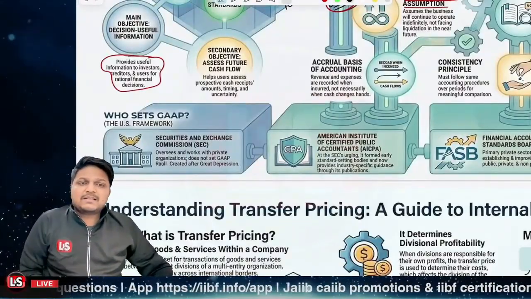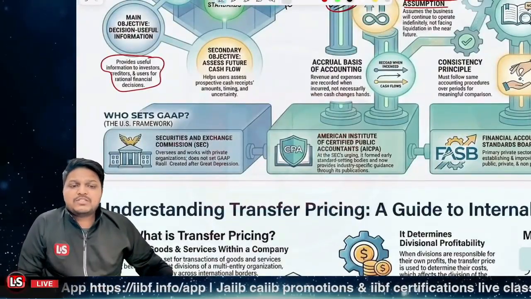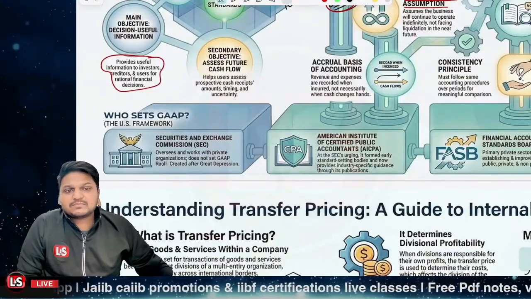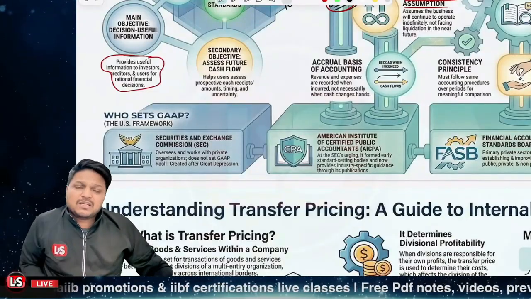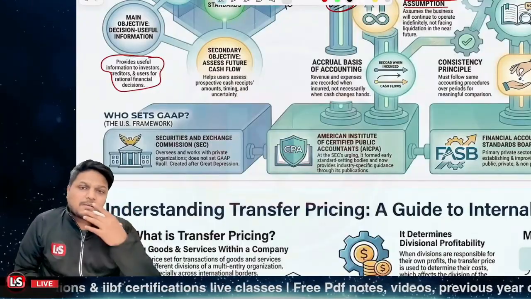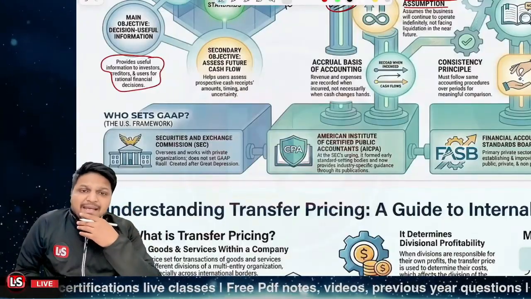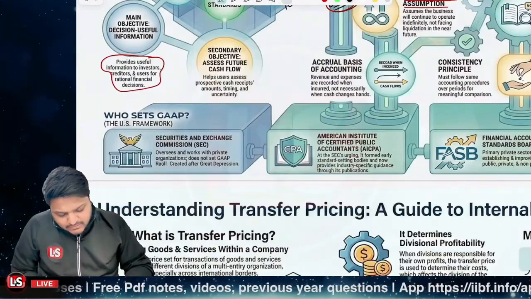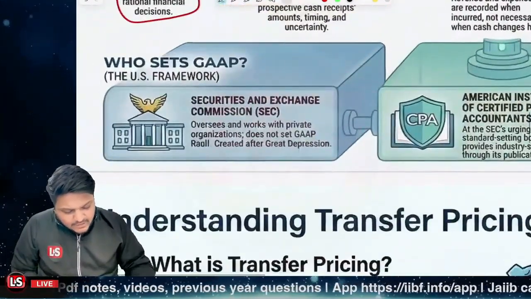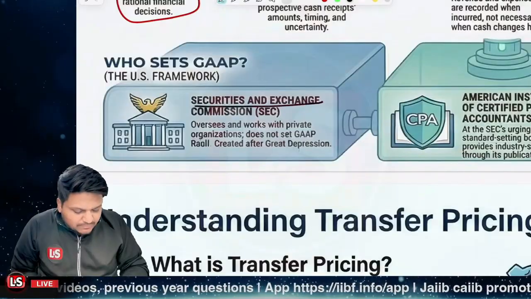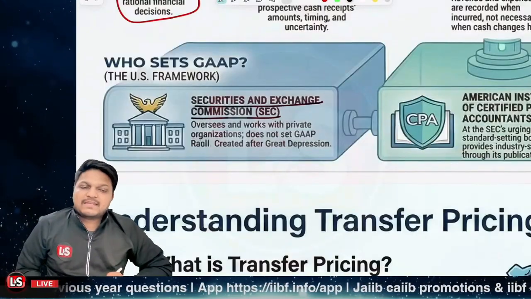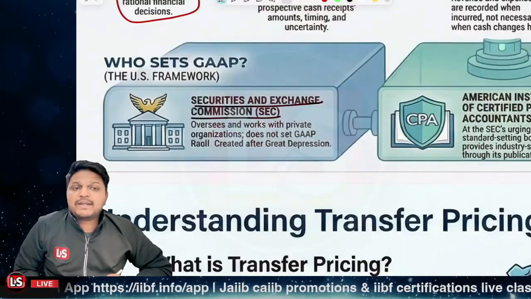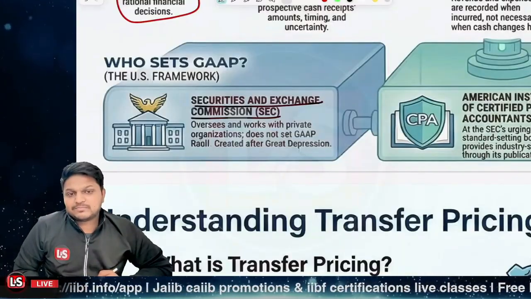Now, let's learn further about the setting up of the GAAP. Actually, the SEC was created first of all, right? The SEC is the Securities and Exchange Commission, and it was created because of the Great Depression, right?